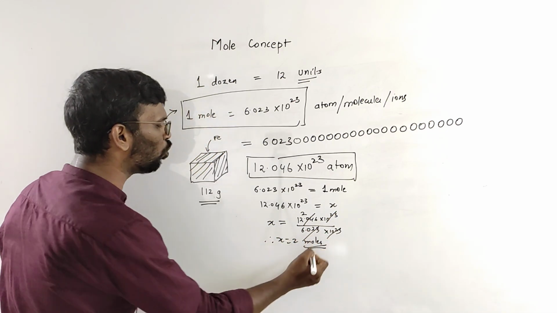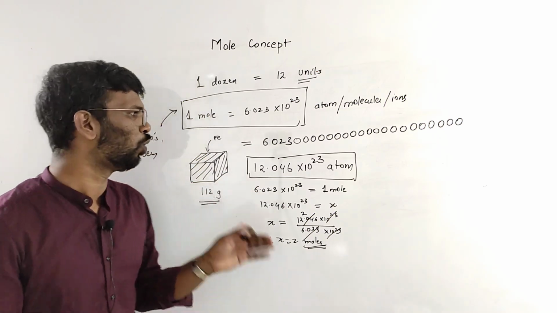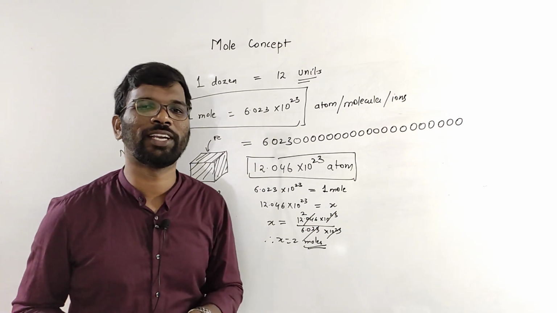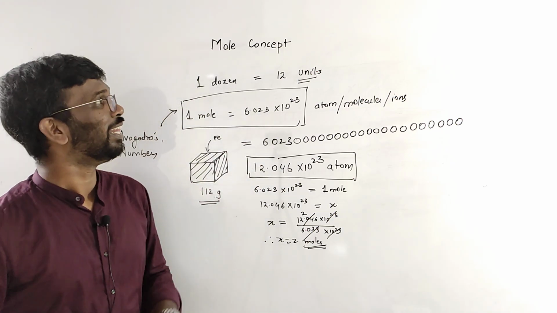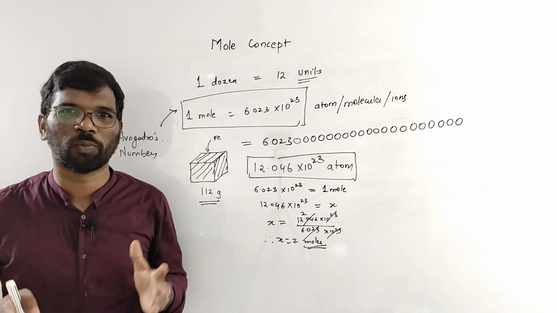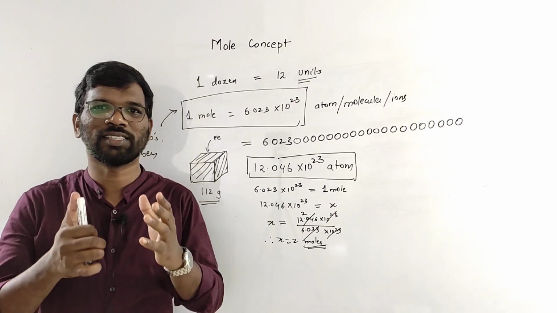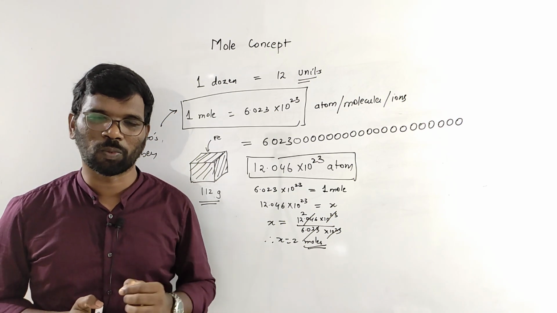Okay, here 2 moles means there are 2 into 6.023 into 10 raised to 23 atoms. And this is the concept of the mole. Let us understand in the next video what is the application of the mole concept.